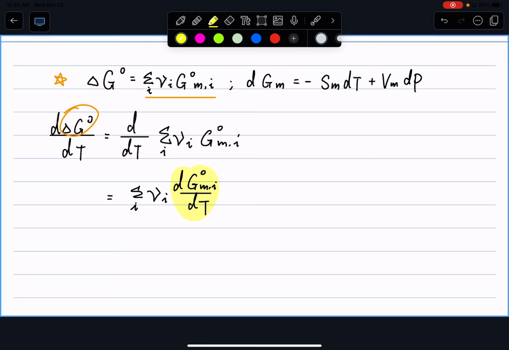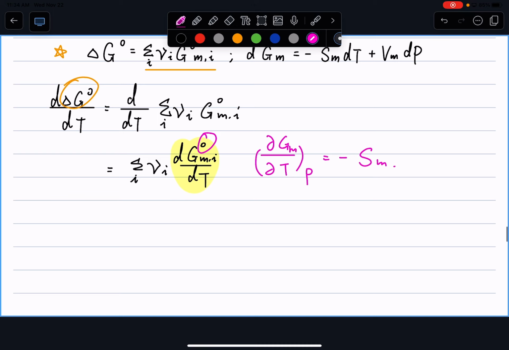In this case, in the Gibbs equation, we have the partial derivative of dG over dT at constant P equals negative Sm. We're talking about the standard pressure scenario, so our pressure is by default constant.